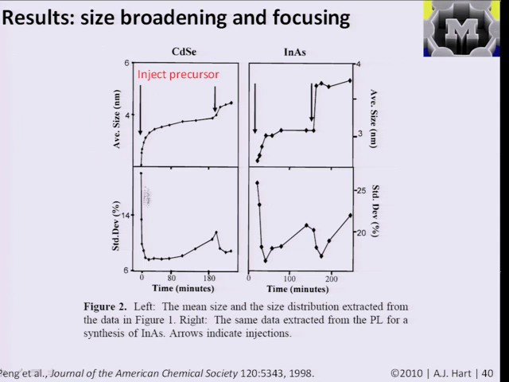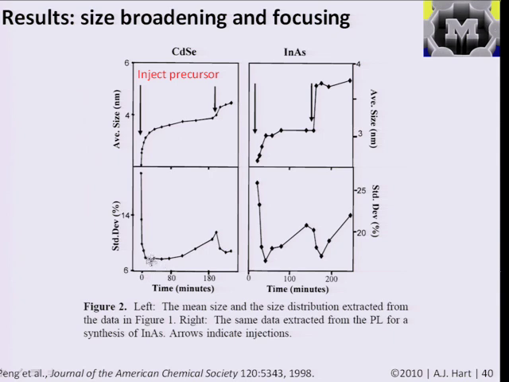And in the initial stages, before the nucleation happens, you can't really define the standard deviation, but you formed a relatively monodispersed population of particles. So these particles that were about 3 nanometers in size had a fairly low standard deviation of maybe about 10%.